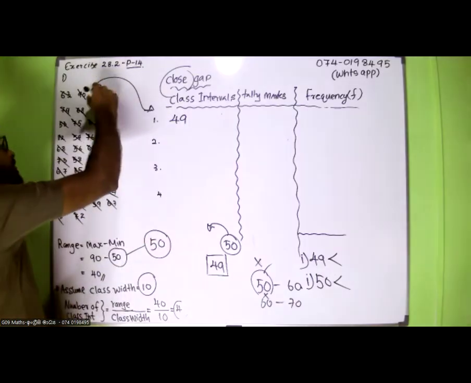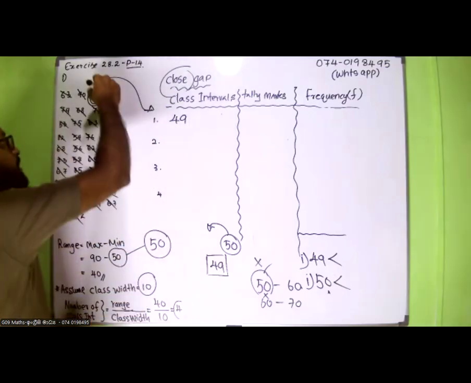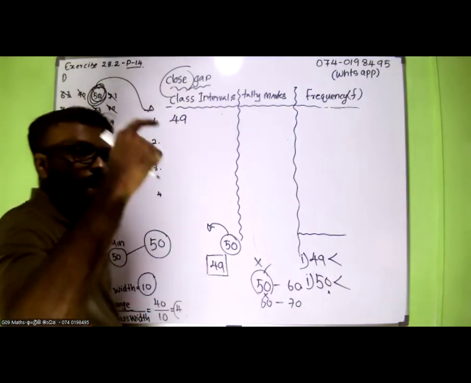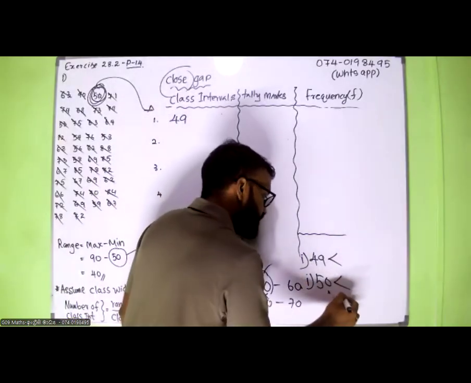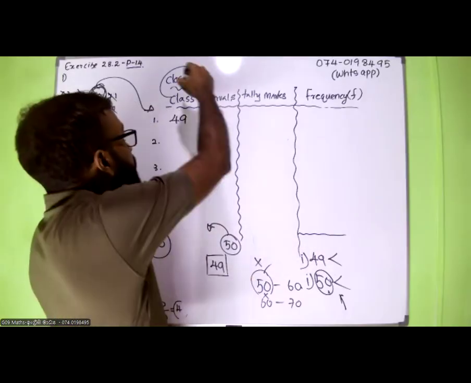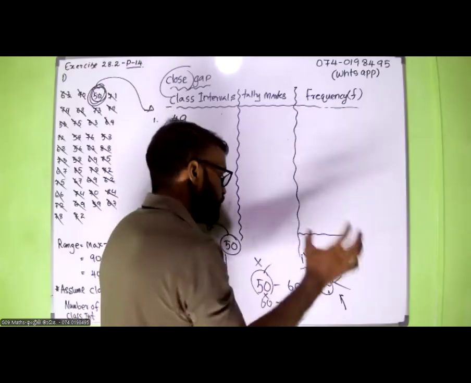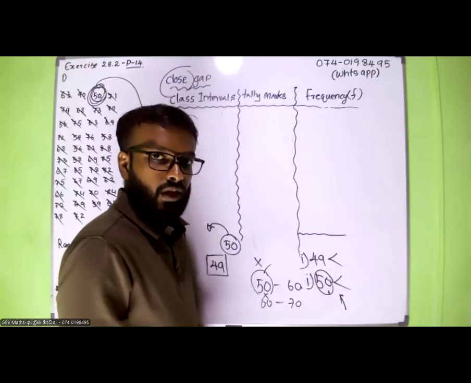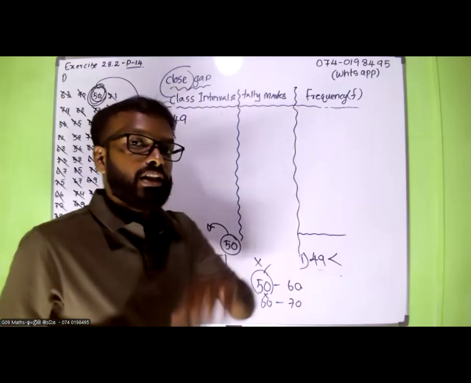So if you use 50 to start this class interval, there is no other class interval where you can put 50. If you start from 50 when you are using the closed gap, you cannot put that into this. So it would be better to find the minimum value.